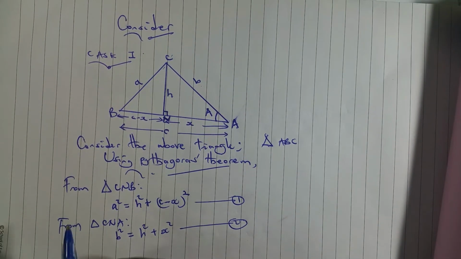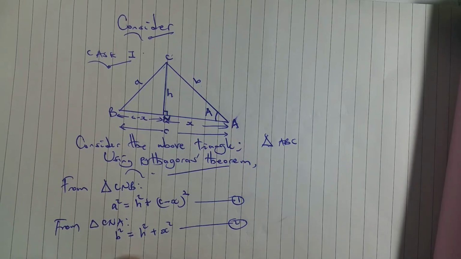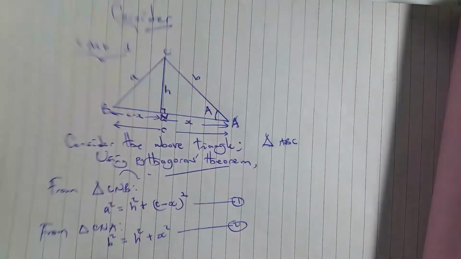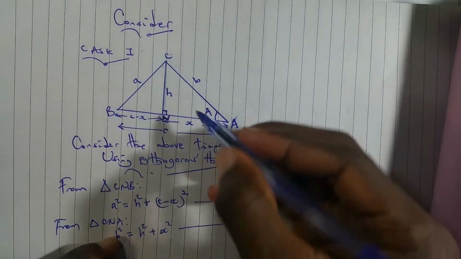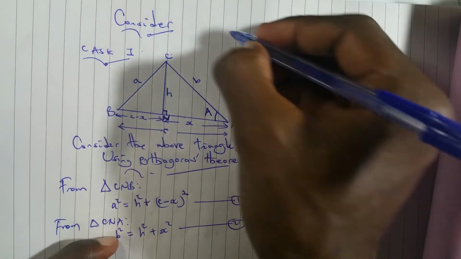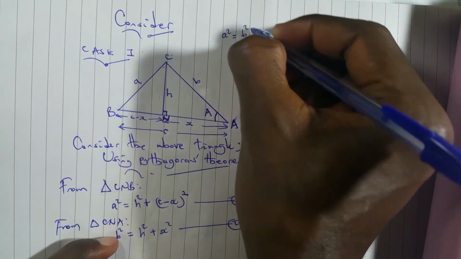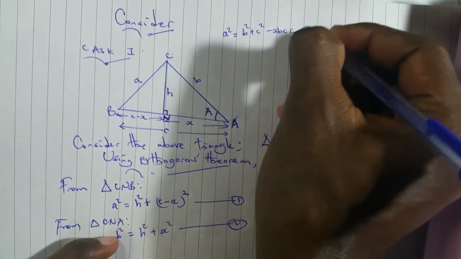Now let's try, we remember the cosine rule. The cosine rule is of this form: a squared given by b squared plus c squared minus 2bc cos a.